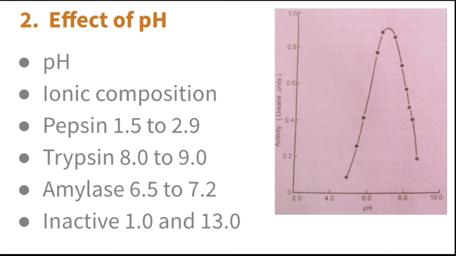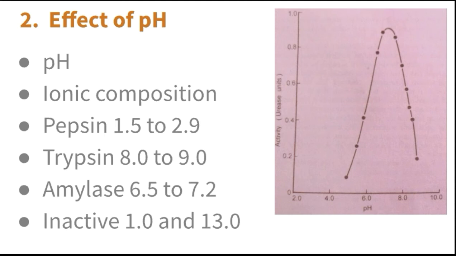You have seen here an example, a figure of the activity of urease in a phosphate buffer. Urease has its optimum pH at nearly 7, and it is active only around pH 7.